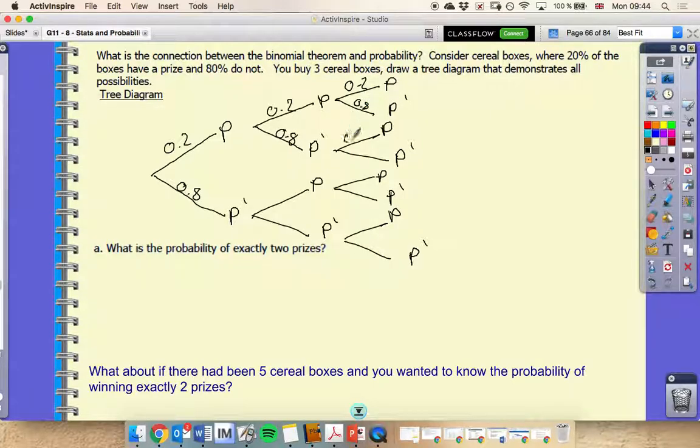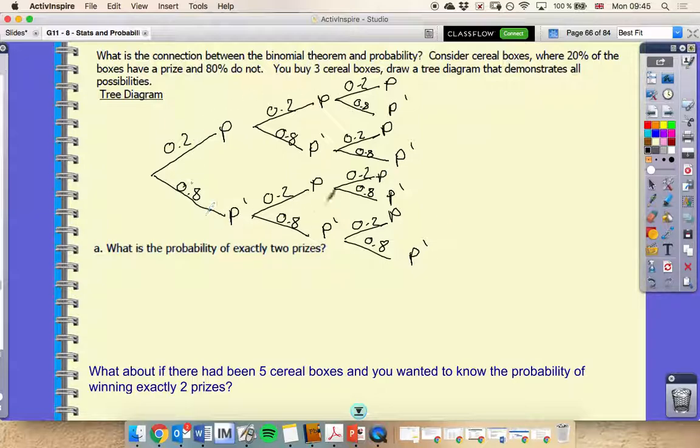Okay, and these are all 0.2s and 0.8s. Why isn't this probability changing as I go on? Good. What's the name for that in probability? Independent. These are independent events. Opening one box and looking at whether there's a prize in it does not affect the next one.